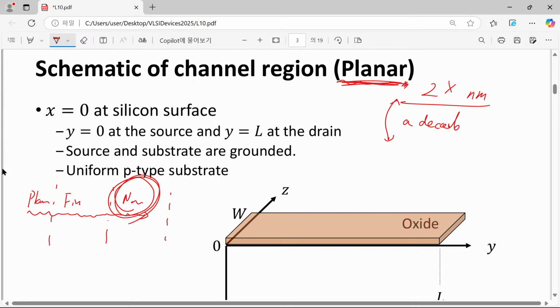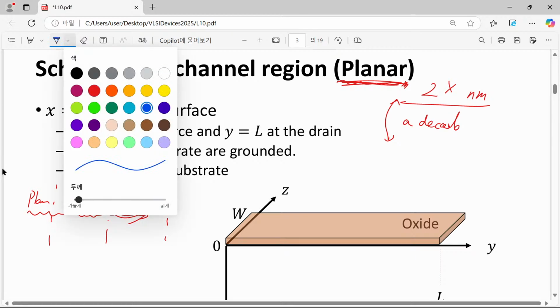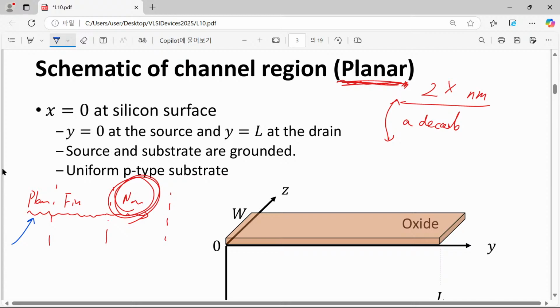So maybe some of you say, oh, there is no longer planar MOSFET being fabricated. Actually, the situation is completely different. There are tons of devices actually being fabricated even today. But the problem is, once you fabricate this one, it does not give you much margin or financial benefit, because it becomes extremely cheap.